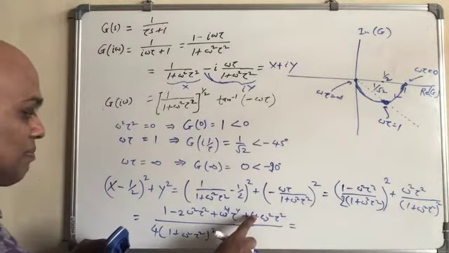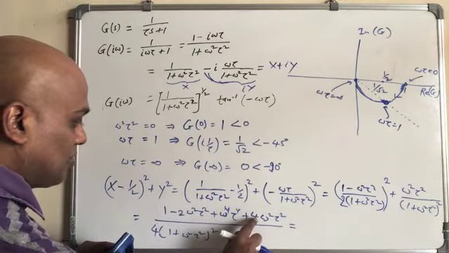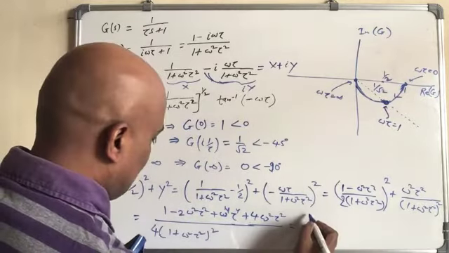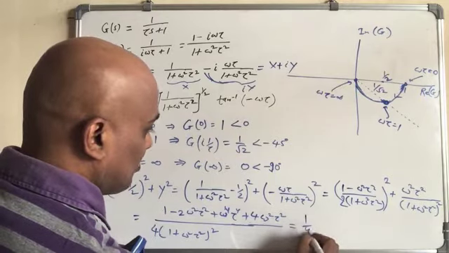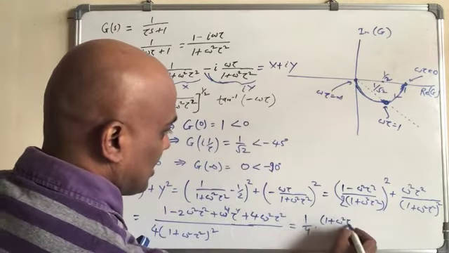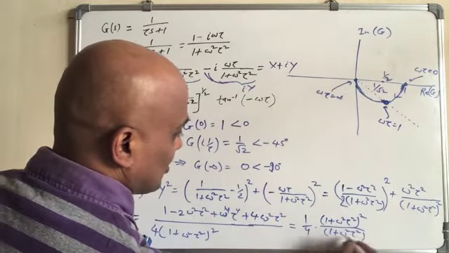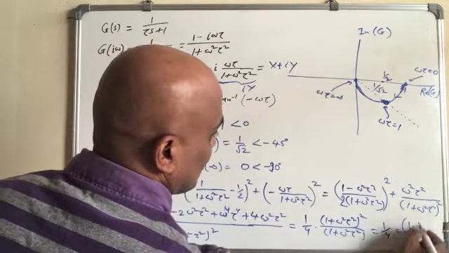Then this is minus 2 and this is plus 4, so this becomes plus 2 basically, and that makes it simply 1 over 4, and then you have 1 plus omega square tau square, square over 1 plus omega square tau square, which is equal to 1 over 4, equal to half square.